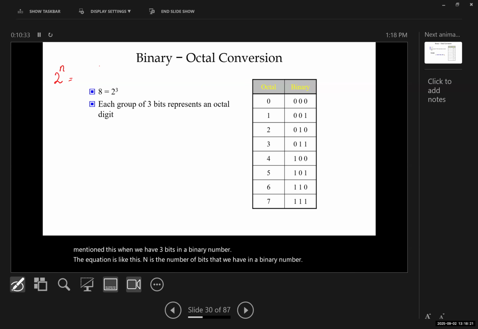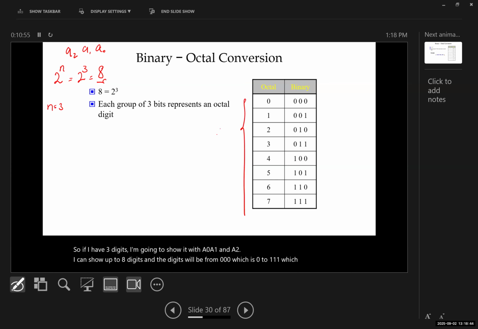So if n is equal to 3, then 2 to the power of 3 is going to be equal to 8. So if I have 3 digits, I'm going to show it with A0, A1, and A2. I can show up to 8 values, from 0, 0, 0, which is 0, to 1, 1, 1, which is 7.